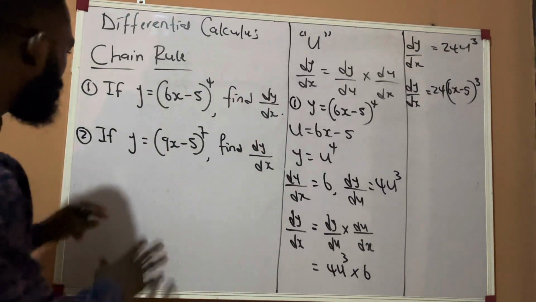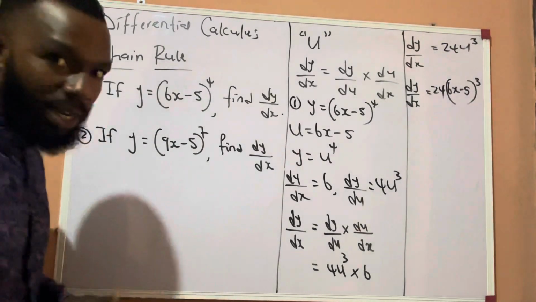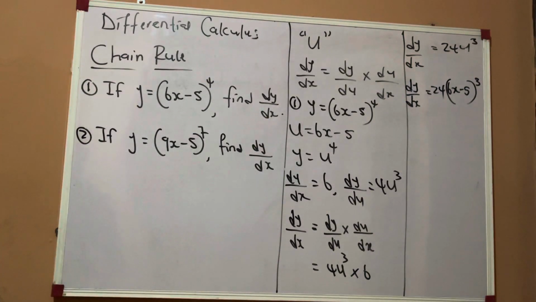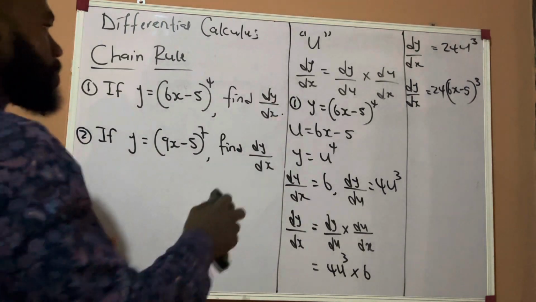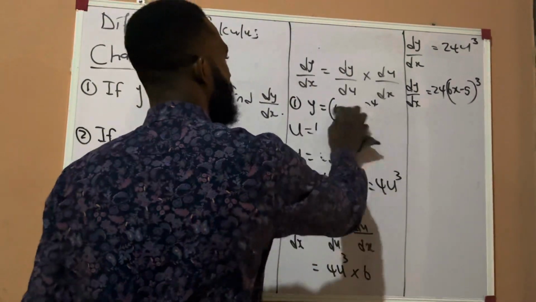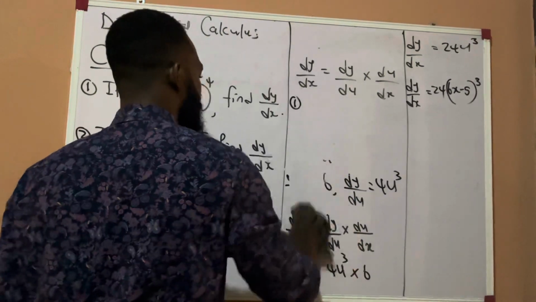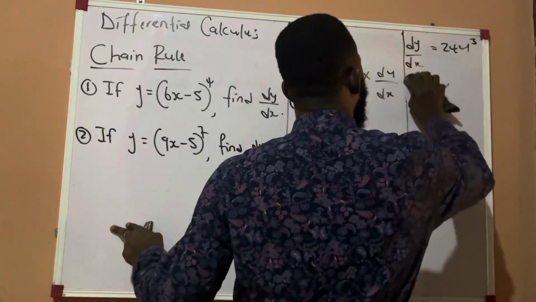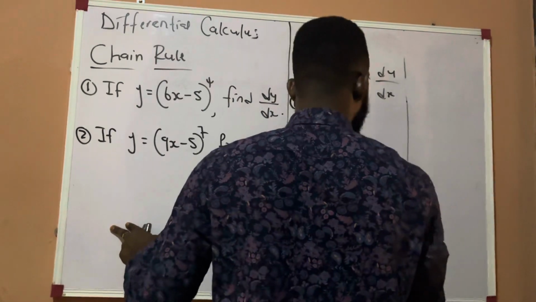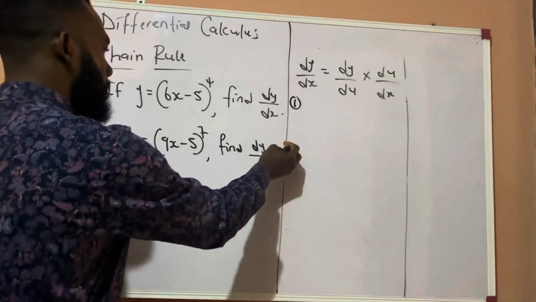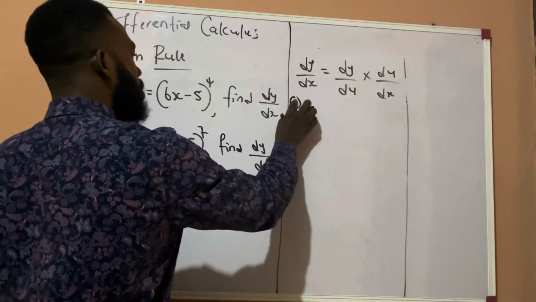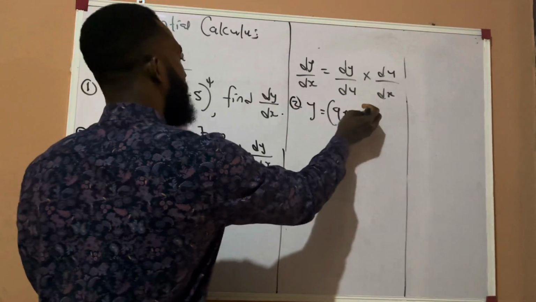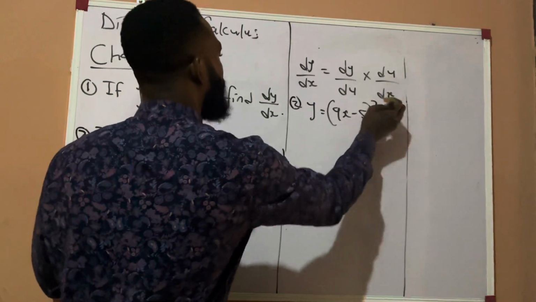So to explain better, let us use question number 2 so that you get the explanation better. Now, without wasting time, question number 2 says y equal to 9x minus 5 raised to the power of 7.